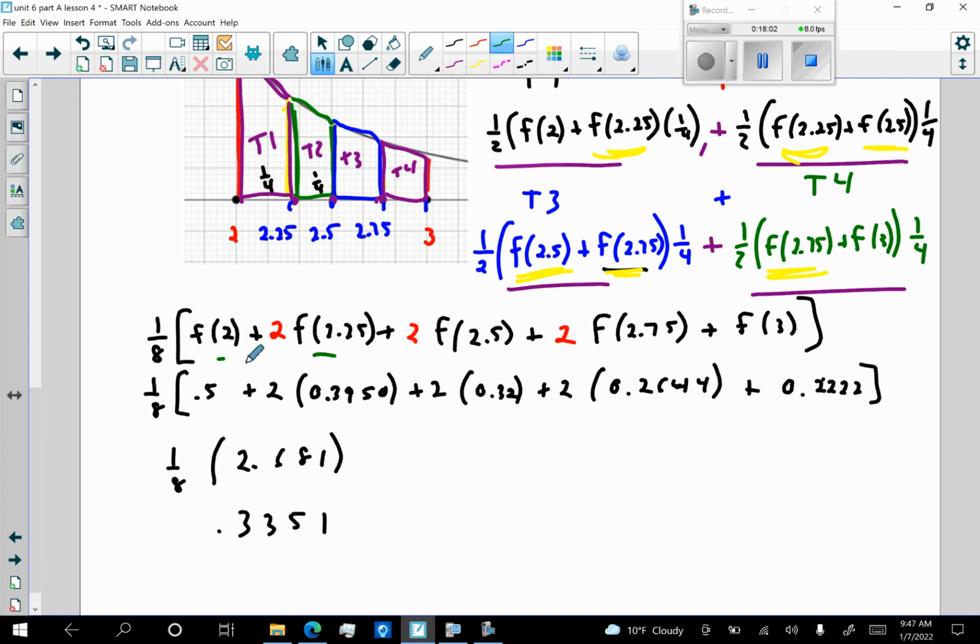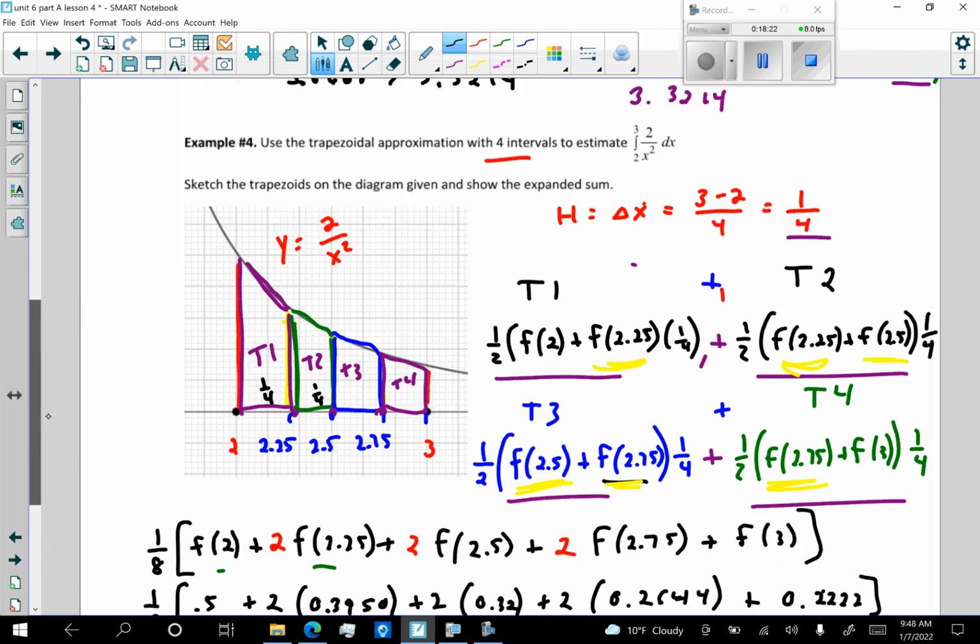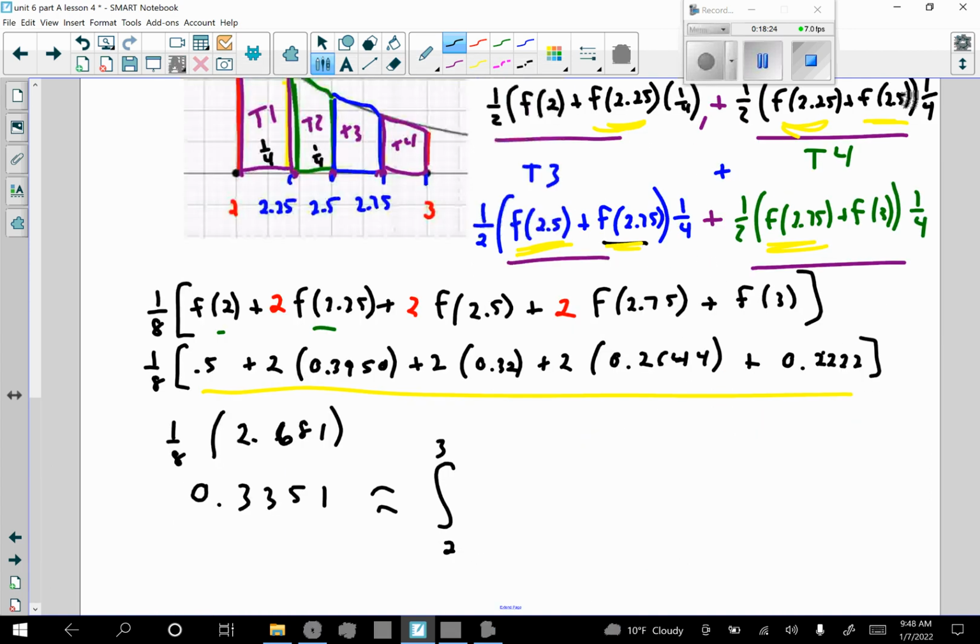And then this sum right here equals 2.681, multiplied by 1/8. So this right here is an approximation of the definite integral from 2 to 3 of our function, 2 over x squared.